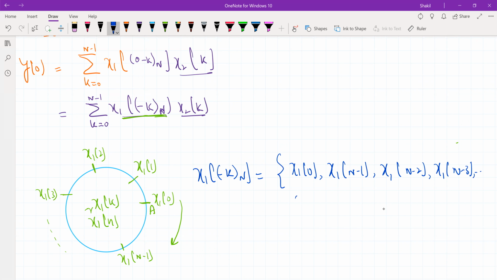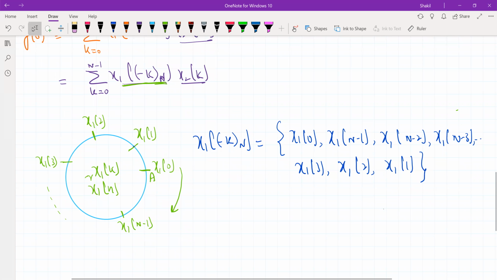Then it will reach x1 of 3, then x1 of 2, x1 of 1. So this will be the last term. This is how we obtain x1 of minus k modulo N.